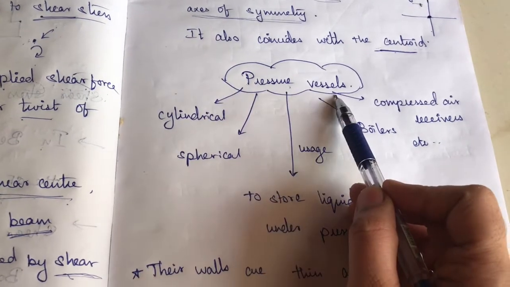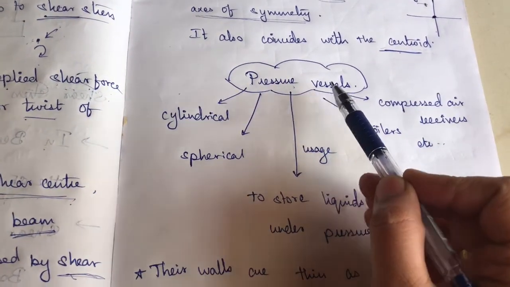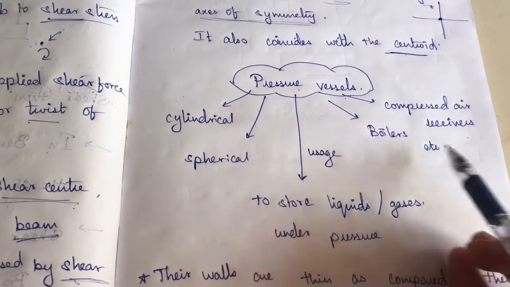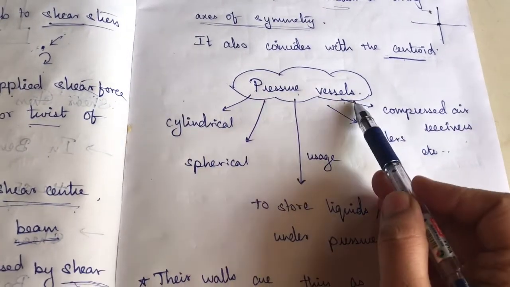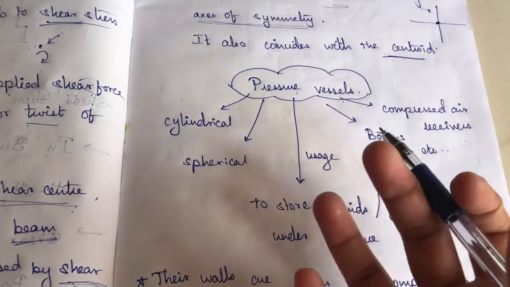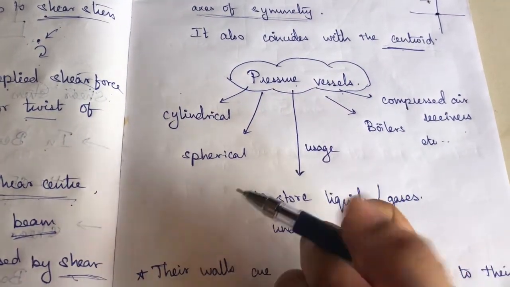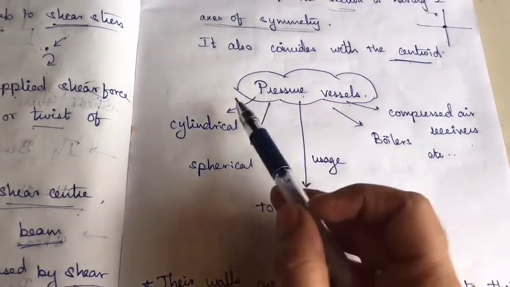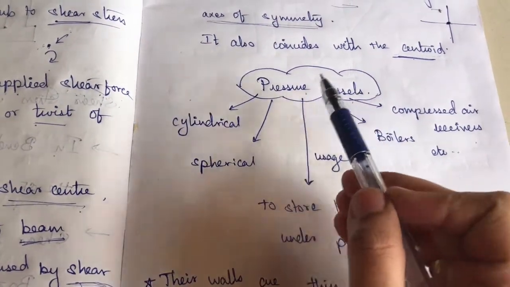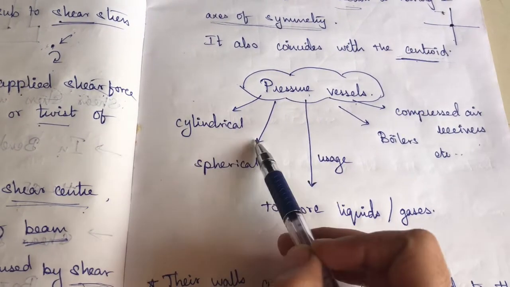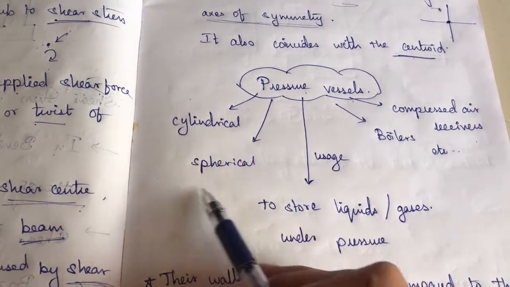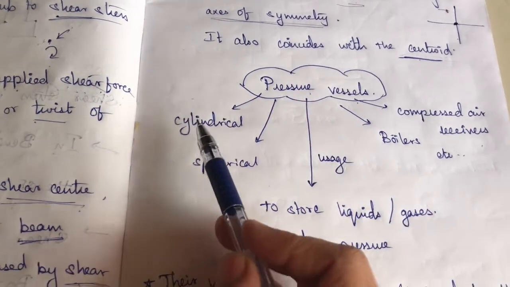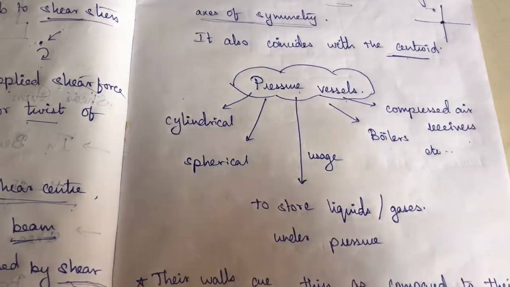The pressure vessel means the vessel which is used for compressed air receivers or boilers etc. And mainly the pressure vessels will be either cylindrical or spherical.